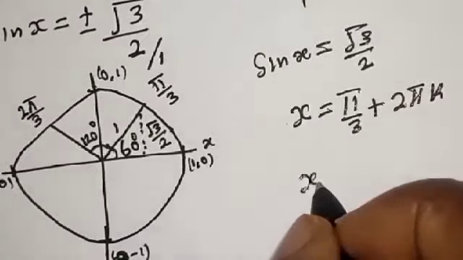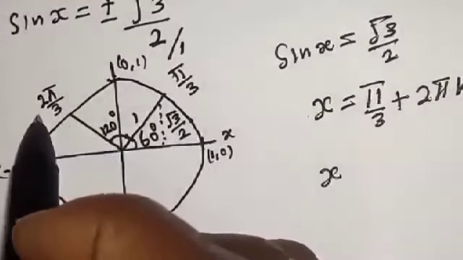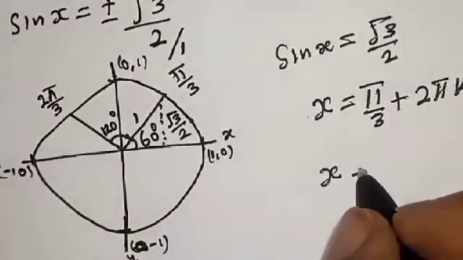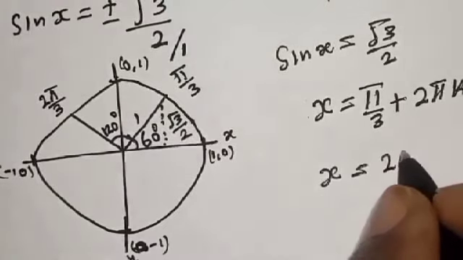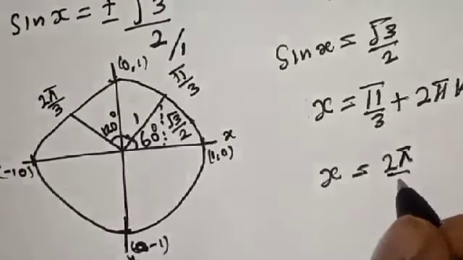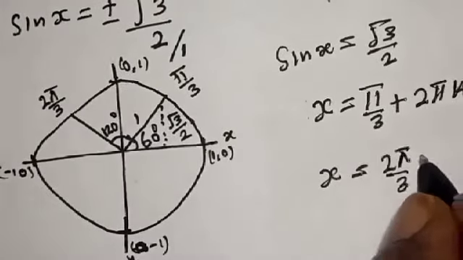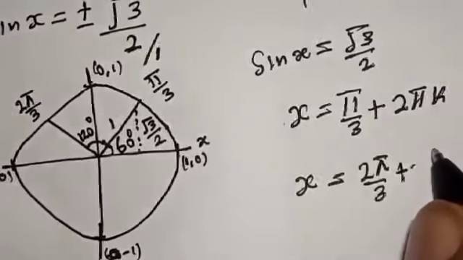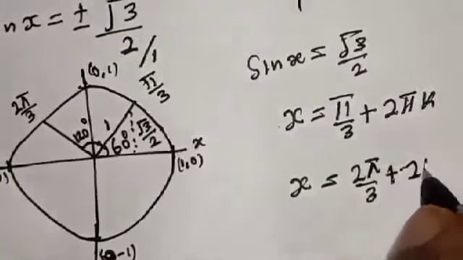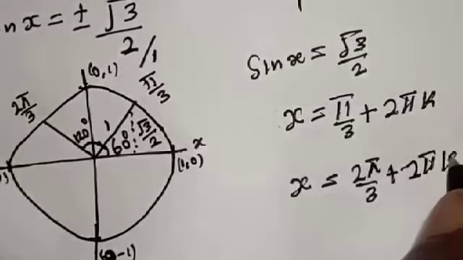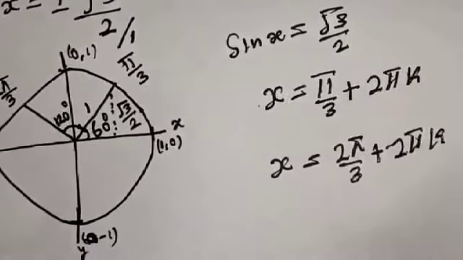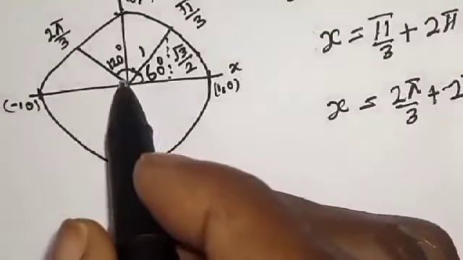Then x, for this place, we have x is equal to 2 pi over 3 plus 2 pi constant. The radian below the plane.